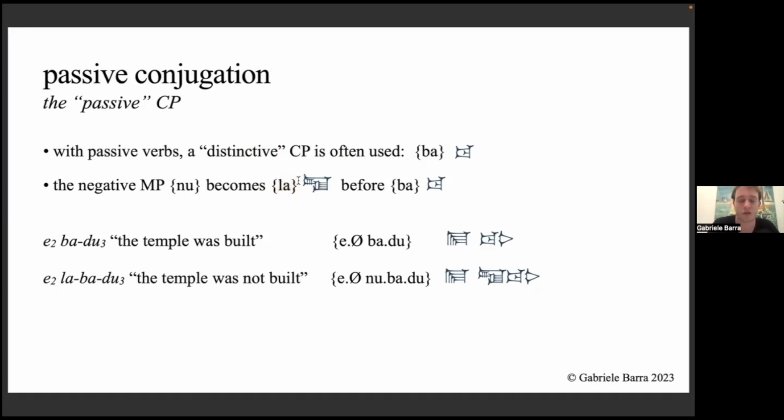And for the other cases, it just says nu. So ba-du, the temple was built, changes to la-ba-du, the temple was not built. But you see that in the analysis, the la stays a nu, because that is what la essentially is, a different form of nu.